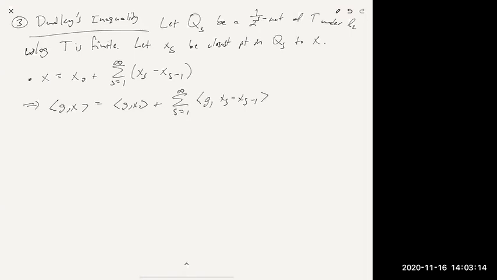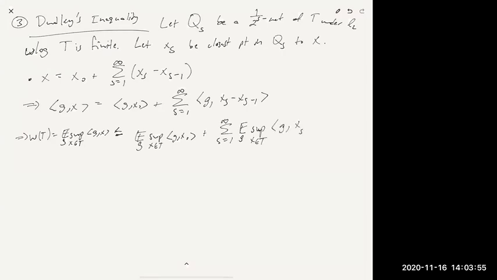So this implies that the expectation, just remember the mean width wT, which is equal to the expectation over g of the sup of g dot x, is at most the expectation over g of the sup of g dot x0, plus the sum, s goes from 1 to infinity, of the expectation over g of the sup over x in T of g dot (xs minus xs minus 1).